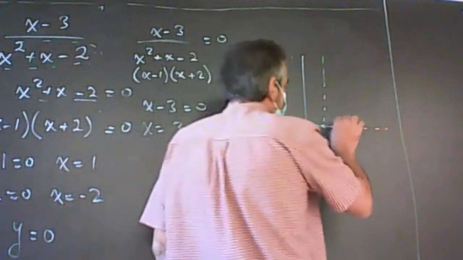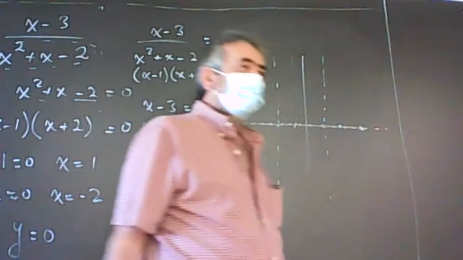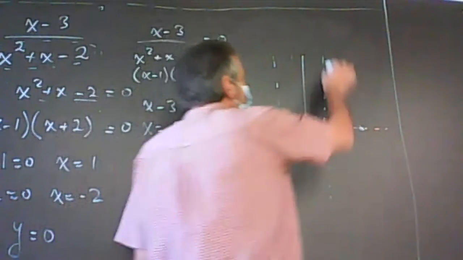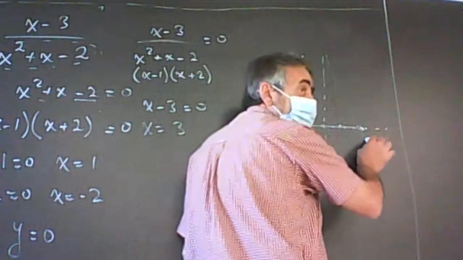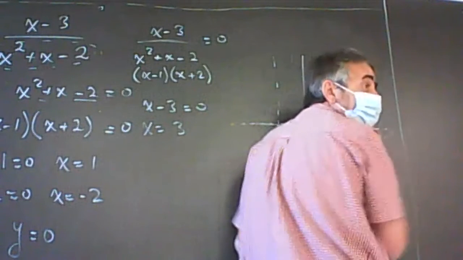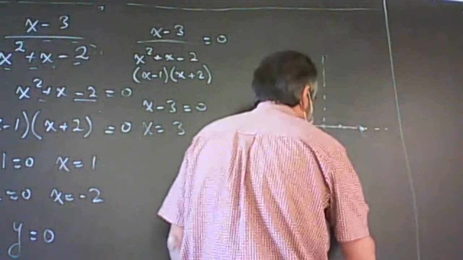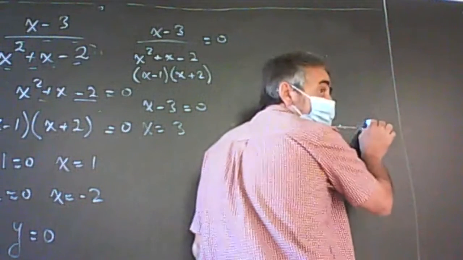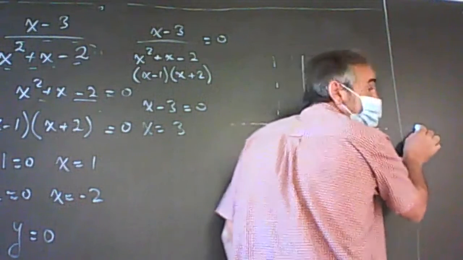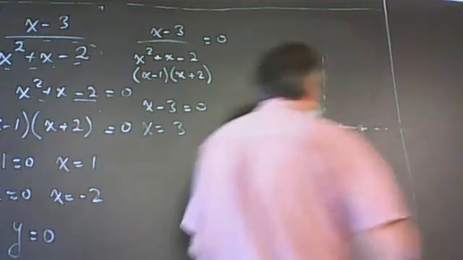So that means at 1, 2, 3, this point is part of the graph. So note, the graph may come down here, but what is it going to do after that? It's going to have to go up and go around. Clear? Or it may go like this, and it's going to cross this point, but it's going to do like this. Clear? All right, now let's see what happens.